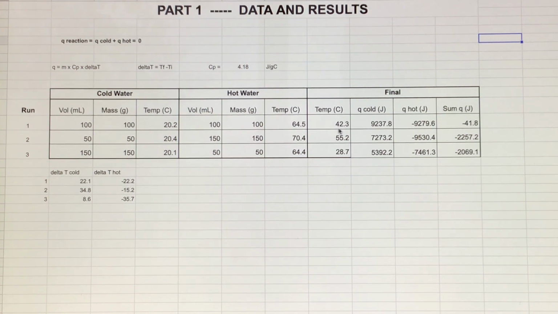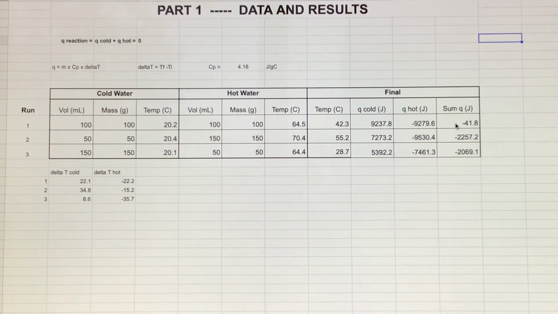So the final temperature was 42.3, and therefore using this equation, multiplying the mass times the specific heat and the delta T for each species, I calculated the Q cold and the Q hot.